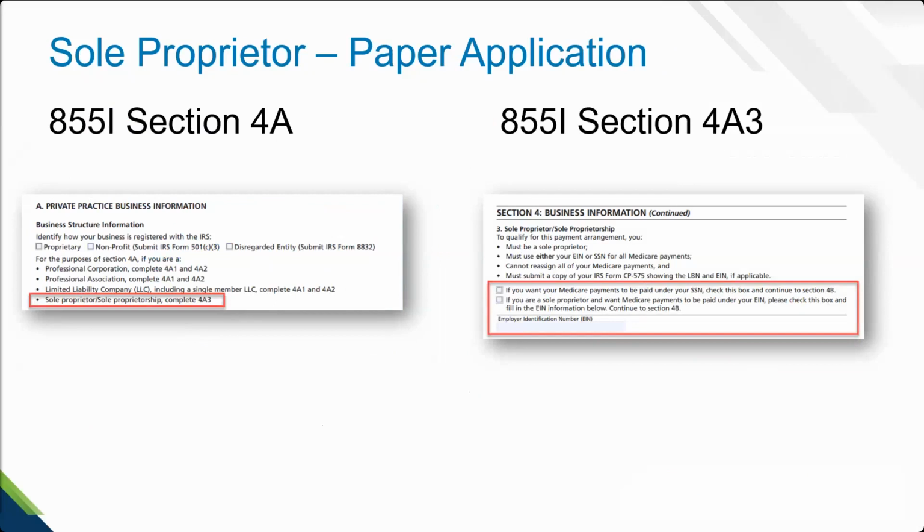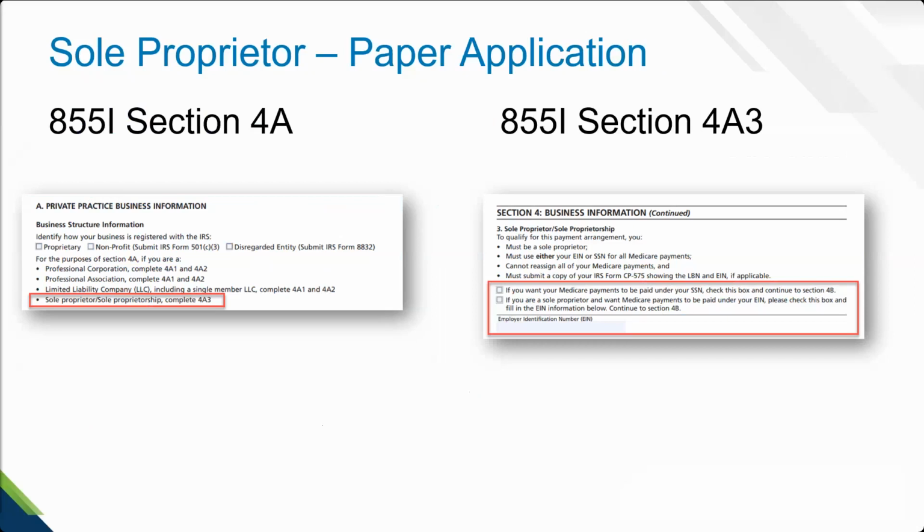That section is going to indicate, if you're filling out 4A, this is why. And you'll see those 4 bullets, and I have the bottom one highlighted with a red box. It is calling out the sole proprietor or sole proprietorship. It's telling you you need to do section 4A. In section 4A, which is what you are seeing on the right side, you do have a couple of choices.